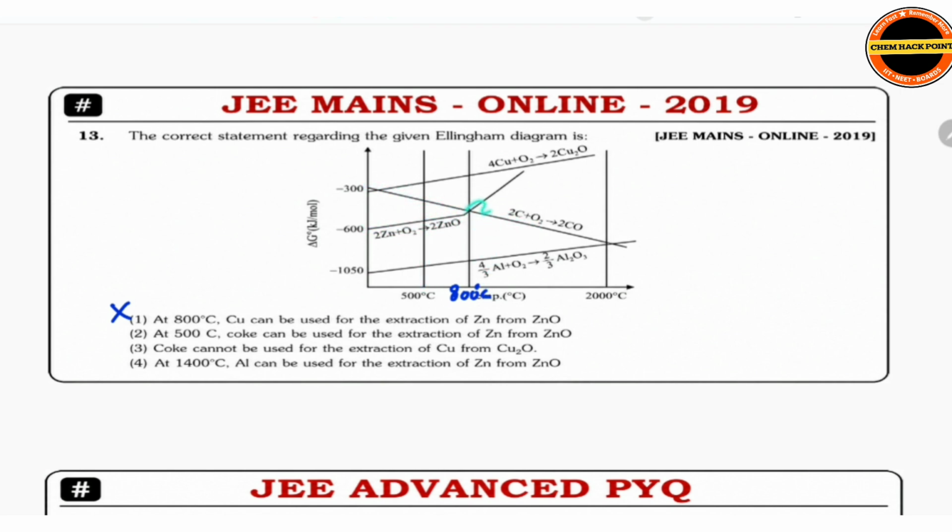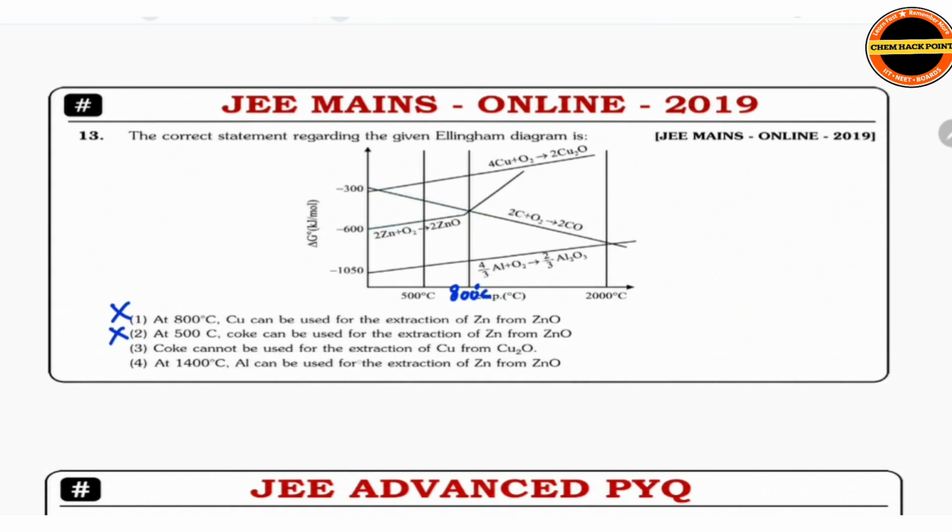After 800 it crosses below, but below 800, at 500 degrees Celsius, the carbon line is above zinc oxide. There is only one parameter: to reduce an oxide, the element's graph should be below that particular oxide. To reduce zinc oxide, the carbon graph should be below zinc. So here also it is not possible.